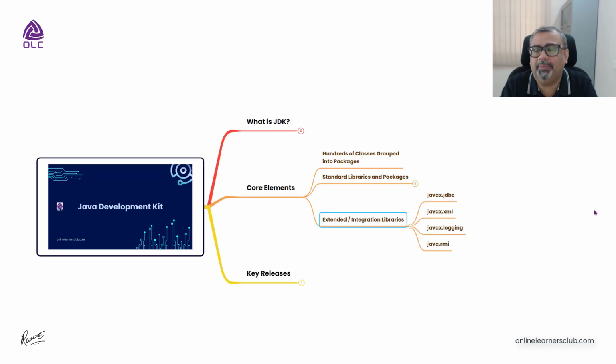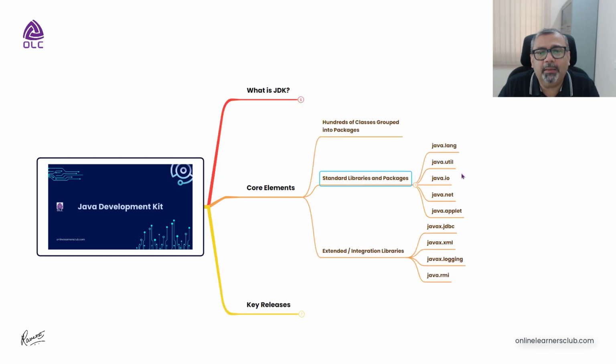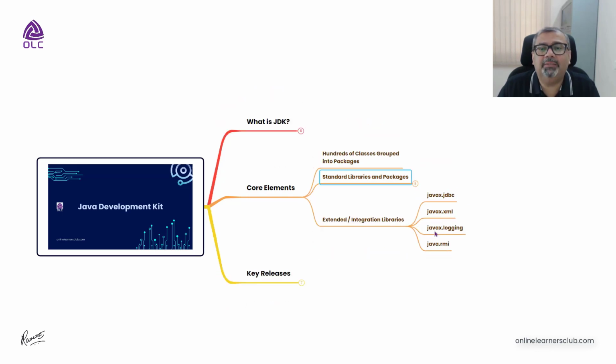So that's the basic concept. The java package indicates it's a standard package, for example java.lang, java.util, and javax is a package used for providing some extensibility or extended libraries, integration libraries like XML, logging, etc.